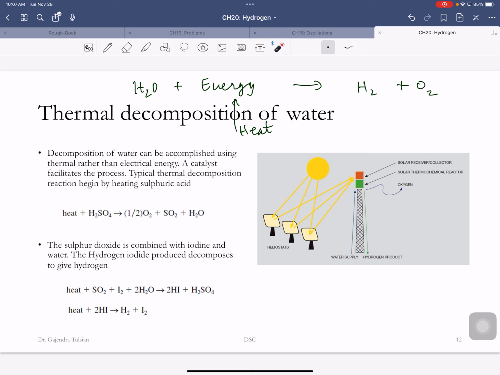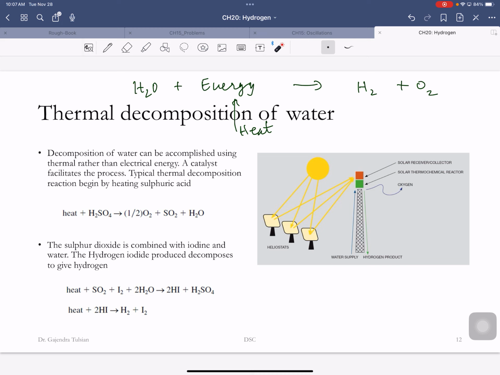But that's not an efficient way of doing it. So we will figure out how to do this. So, thermal decomposition of water. Decomposition of water can be accomplished using thermal rather than electrical energy. A catalyst facilitates the process.